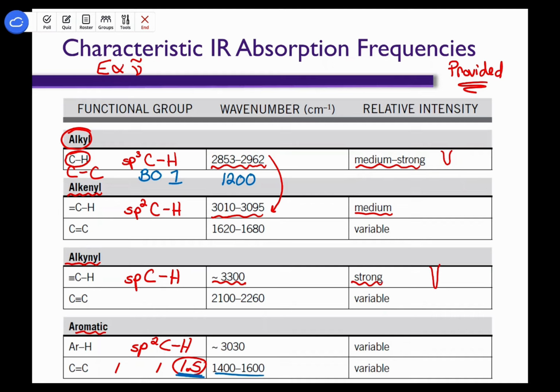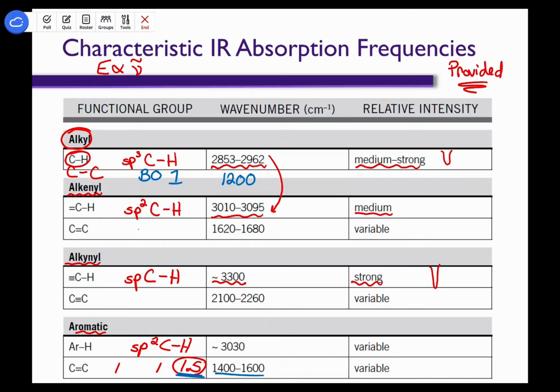These numbers often have ranges because the energy that it absorbs can be slightly higher and slightly lower depending on the other atoms and other functional groups in that region. So that's why we have a range. So with a bond order of 1.5, we've increased the energy that it absorbs by that bond vibration. So it has a more energetic frequency, around 1400 to 1600.